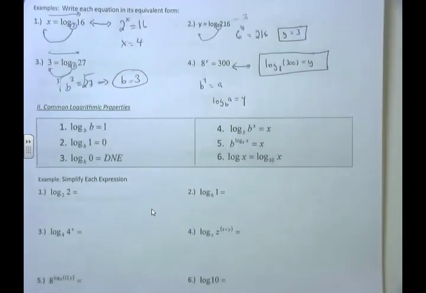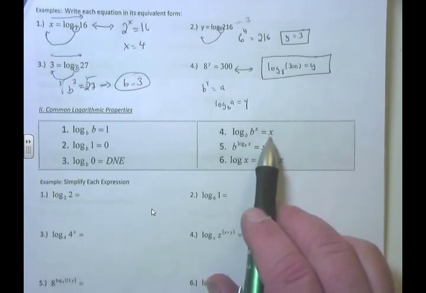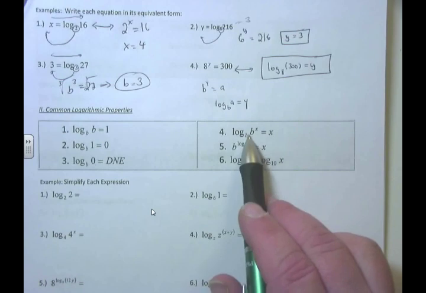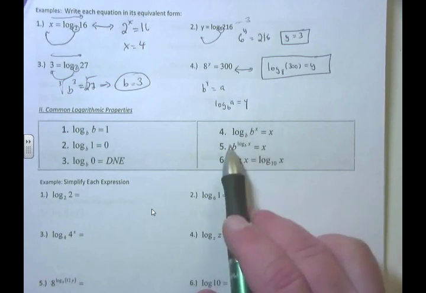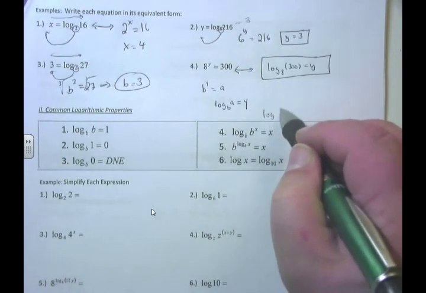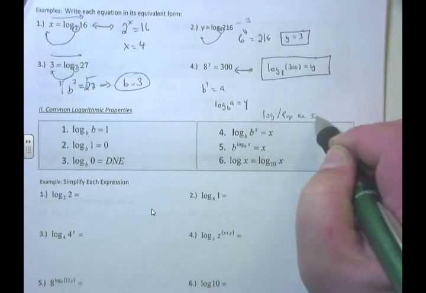But look at these other guys. You've got this one. Log base b of b to the x equals what? It equals x. Reason why? Two things. b raised to the x equals b raised to the x. But what you should also be seeing is this. Logs and exponentials are inverses.